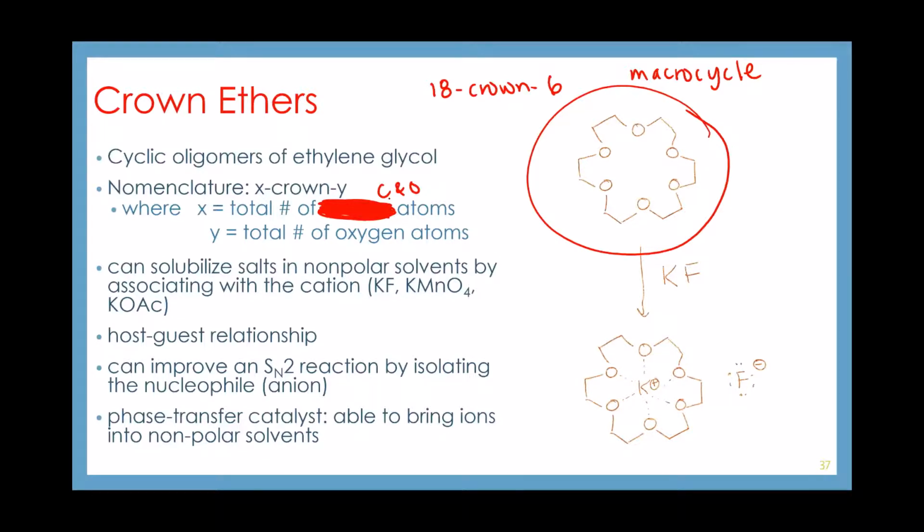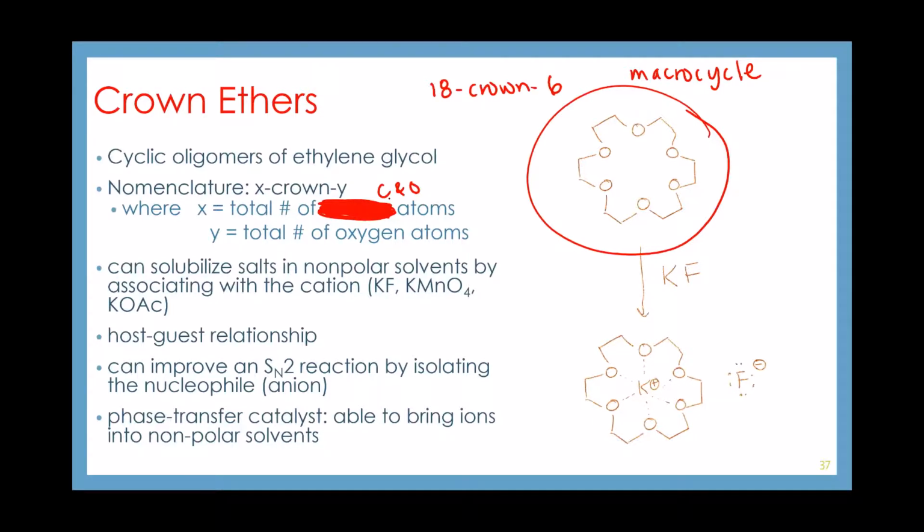So 18 crown 6. Now, the reason that these are important and near and dear to me is that crown ethers were one of the first macrocycles really discovered and studied. And macrocycles are well known because they can have what's called a host-guest relationship.